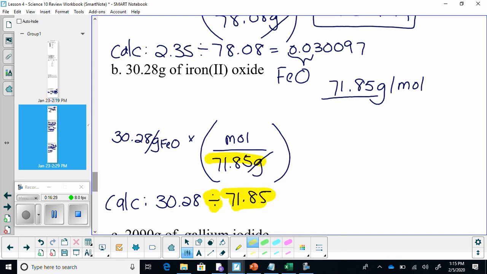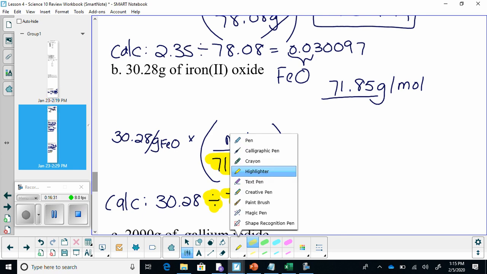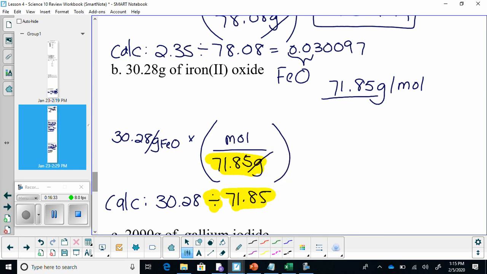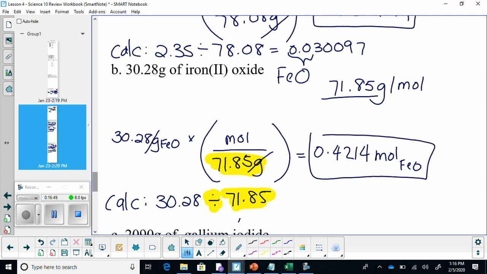Okay, so it's dividing because it's in the denominator. When you plug that in, you get your final answer to be 0.4214 moles of iron oxide. Okay, we need 4 significant digits. This leading 0 does not count. So we have 1, 2, 3, 4.